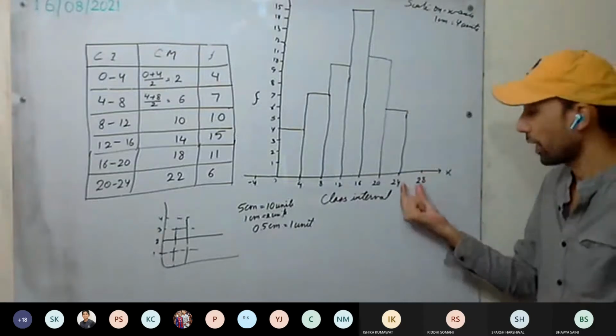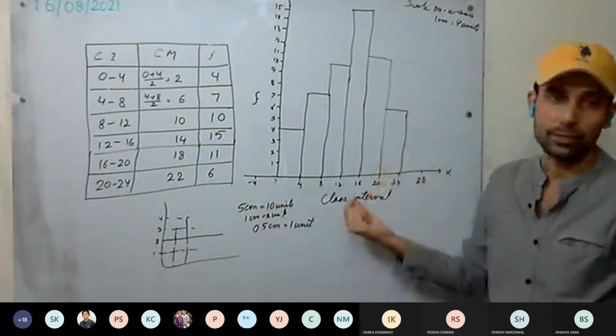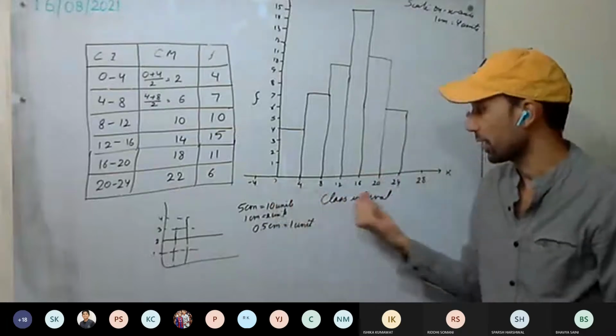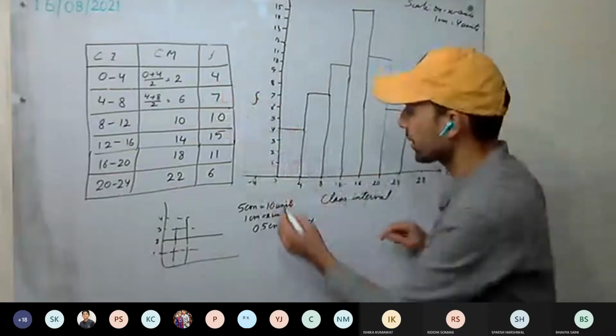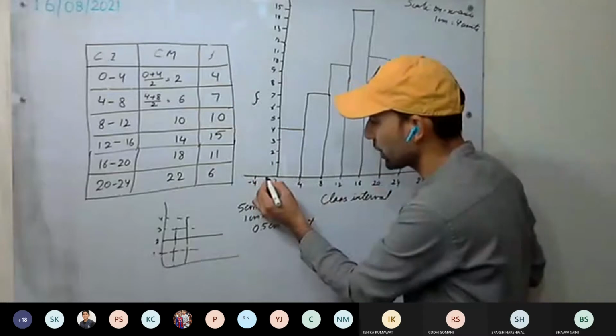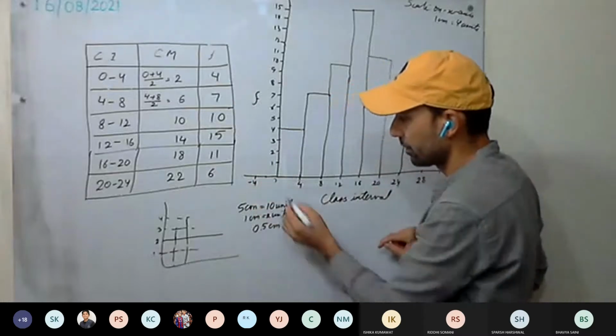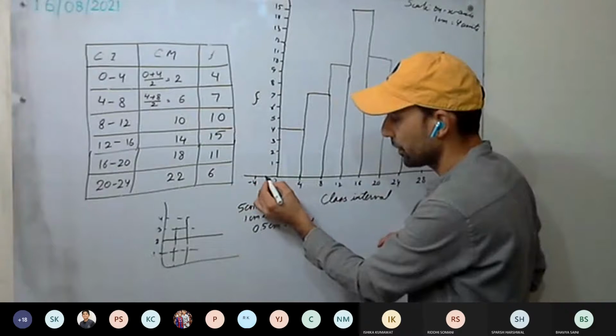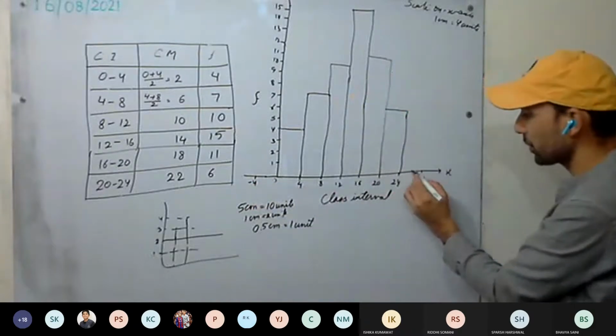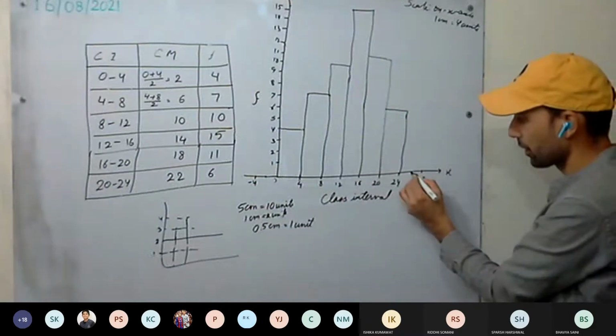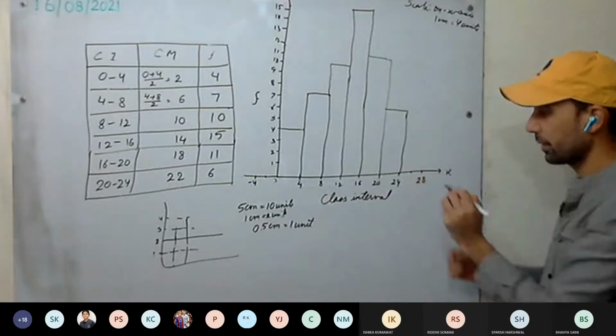Why are we marking these? I'll tell you while drawing. So we have marked them. Now, the class mark of this will be somewhere here, in between, -2. Similarly, the class mark of this class will be here, 26.